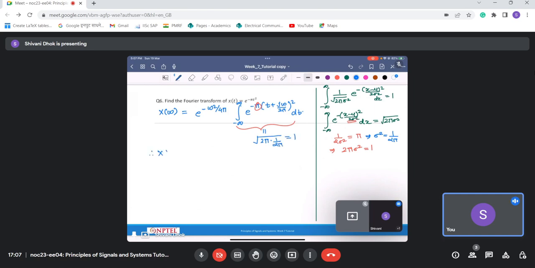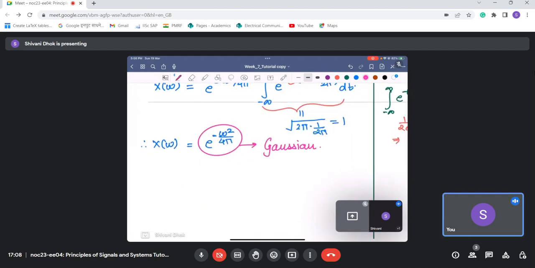Therefore, this x of omega is equal to e power minus omega square upon 4 pi. If we look at the nature of this function, this is also a Gaussian function. So we can see that the Fourier transform of a Gaussian function is also a Gaussian function.